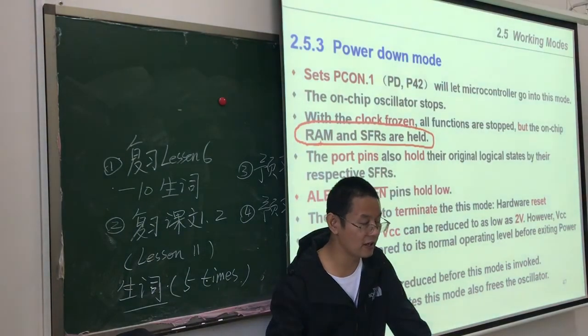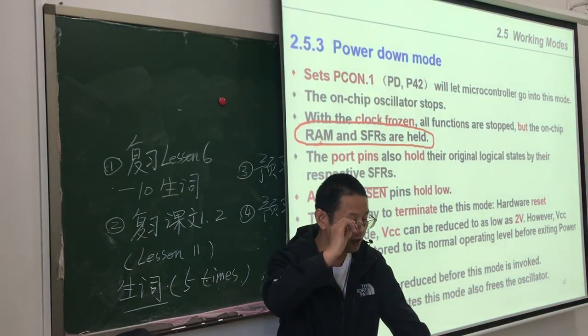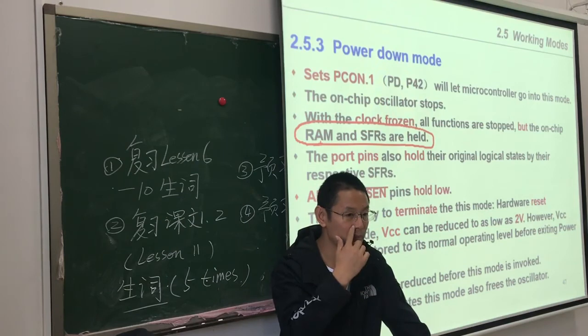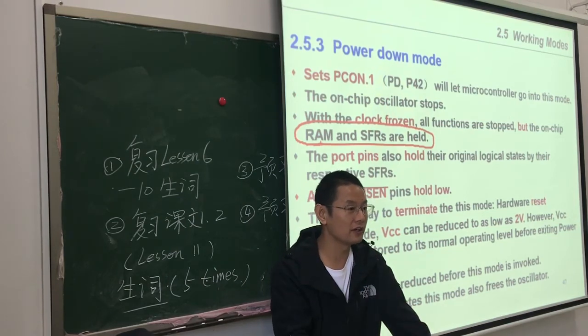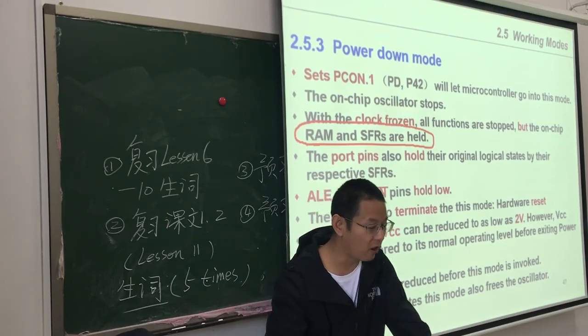This state is different from power off. If you power off, everything is lost. But in power down mode, RAM and SFRs are held.